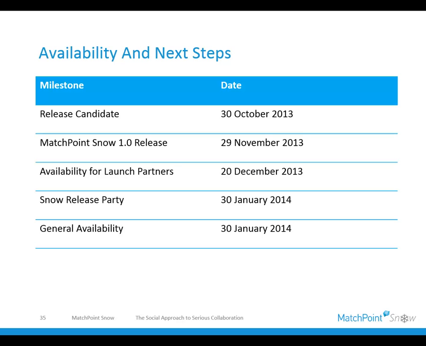Expect exclusive availability for launch partners around Christmas. General availability will be after our official release party taking place in Zurich on the 30th of January 2014. Registration is already open on our website, and we are looking forward to see you.